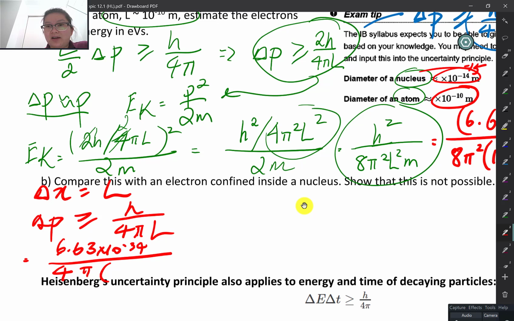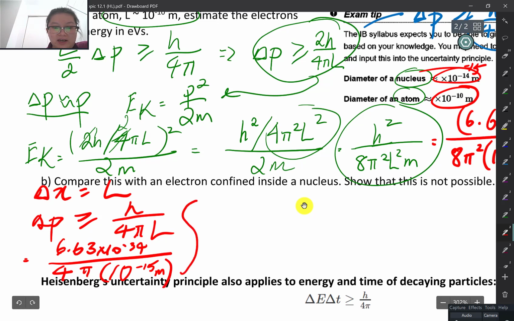This one here I grabbed from Cognity, but I see more of the 10 to the power of negative 15 instead, so I am going to use that for my particle in the box. And this is going to give us 5.2 times 10 to the power of negative 20 kilogram meters per second.